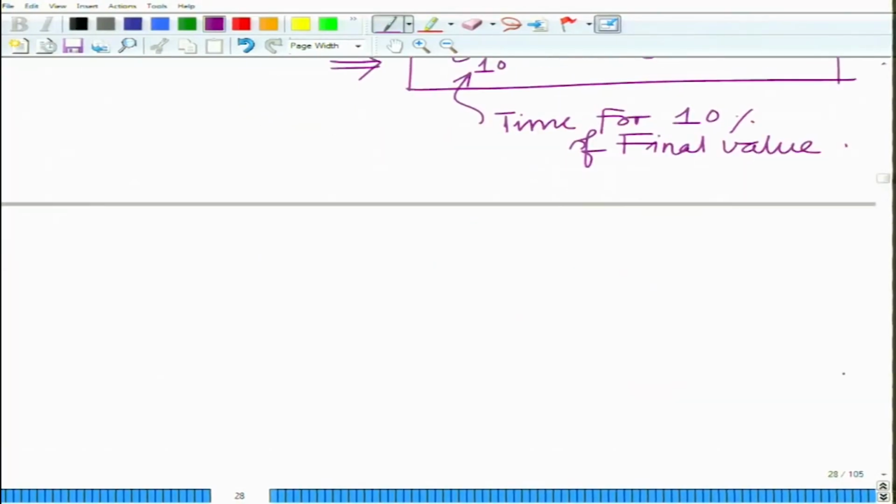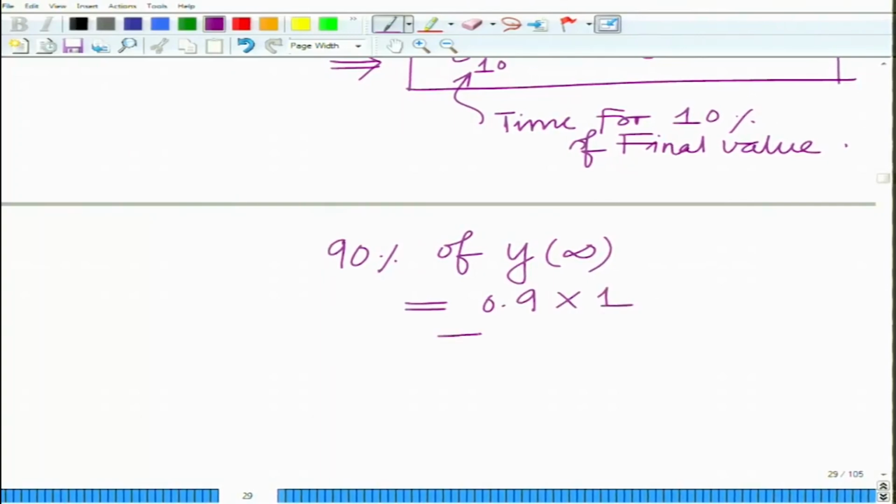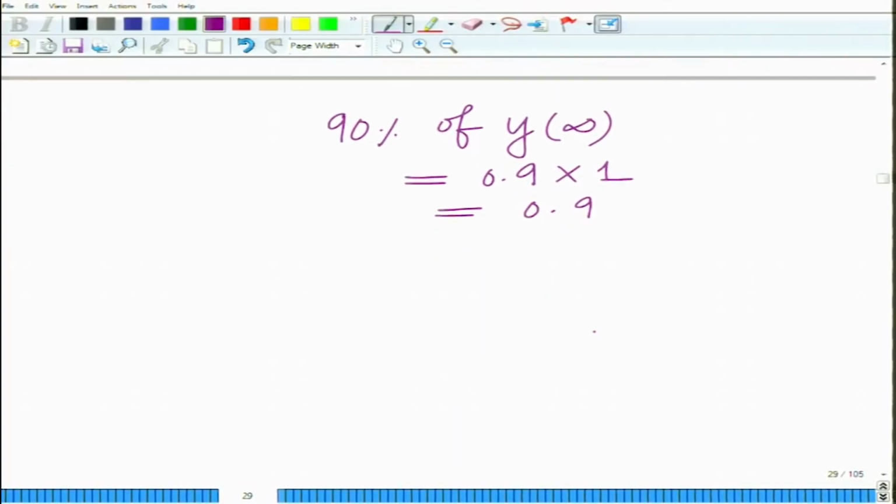Now, time taken for 90% of the final value, that is 0.9 into 1, that is 0.9. Let us call that T90. 1 minus e raised to minus T90 by RC equals 0.9.